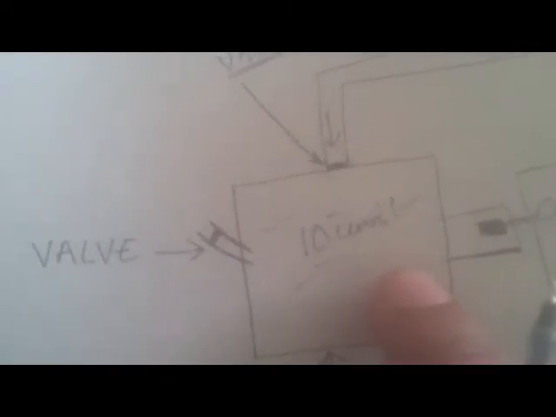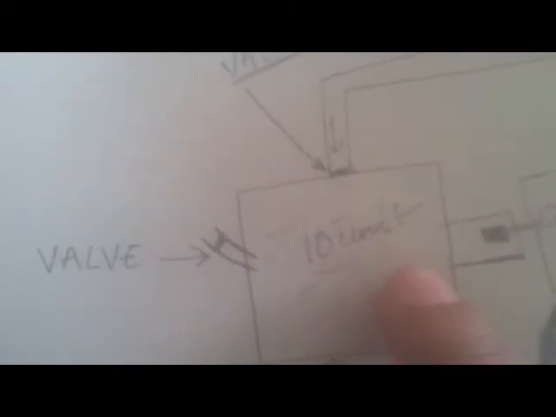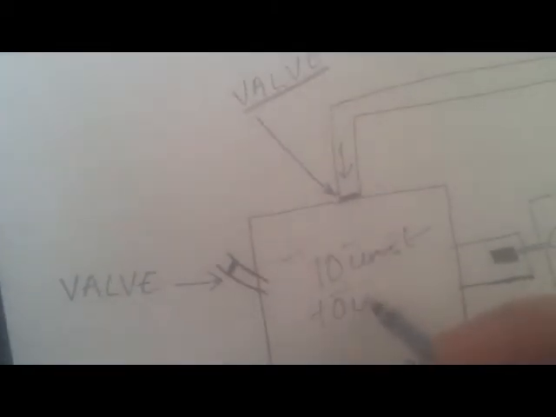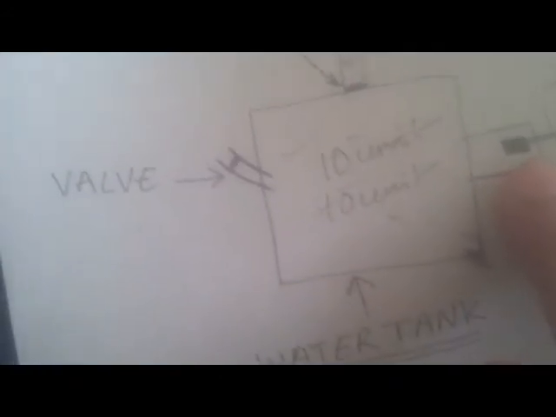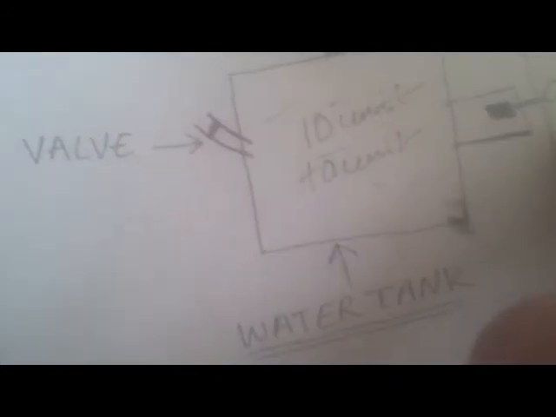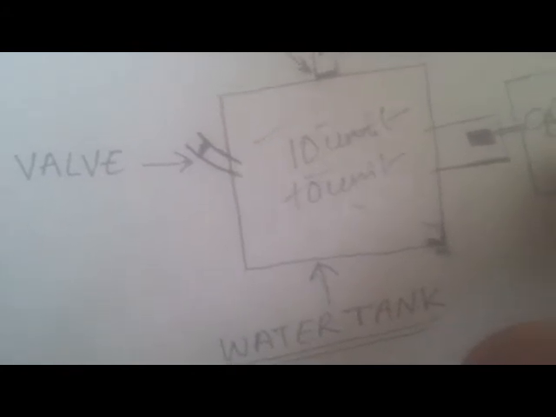Now from this air chamber, 10 units of pressure gets into this water tank right here. When this water tank is full with 10 more units, the pressure engine rotates the fan with 10 more units.